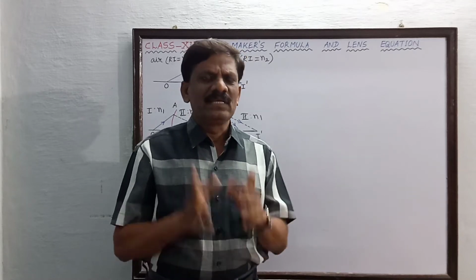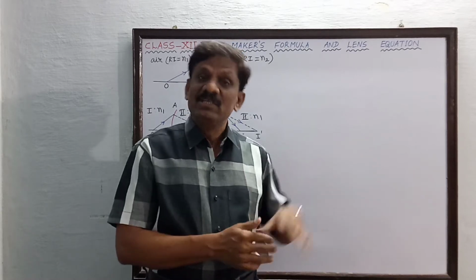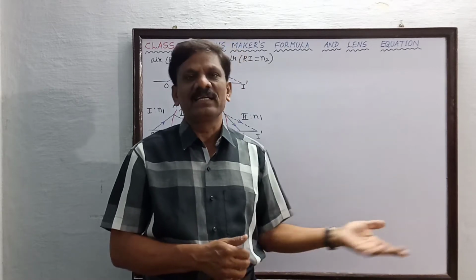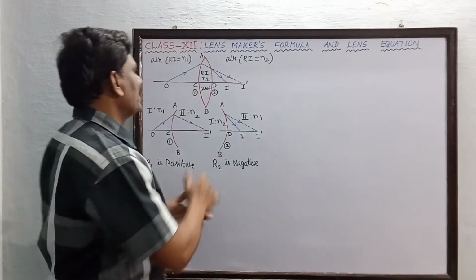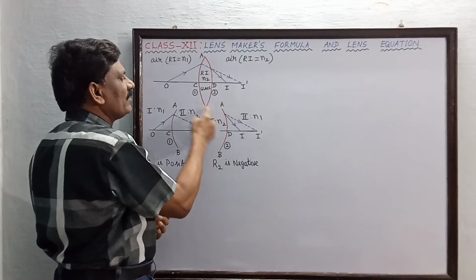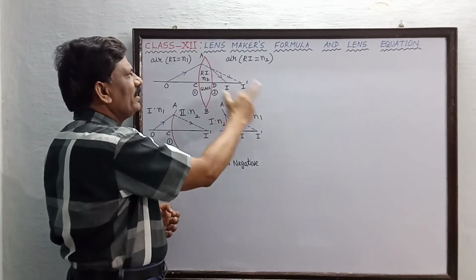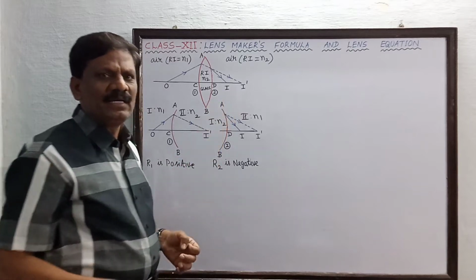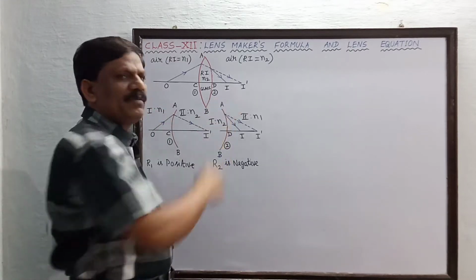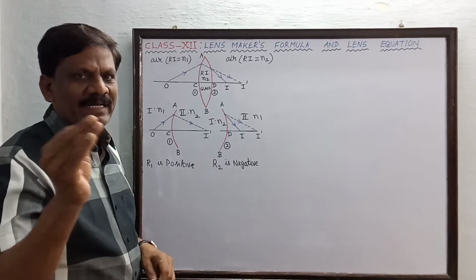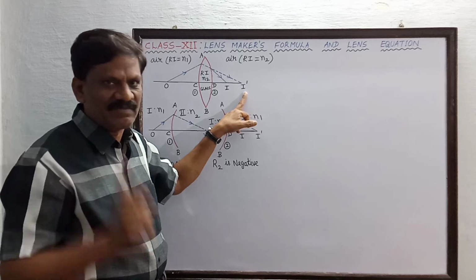This light which has entered the glass should again come back into the air on the second side, is it not? Therefore, the second refraction takes place at the second curved surface ADB, and finally the image is formed at I. So the object is at O and the final image is formed at I. One intermediate image is formed, that is at I dash, due to the first surface.